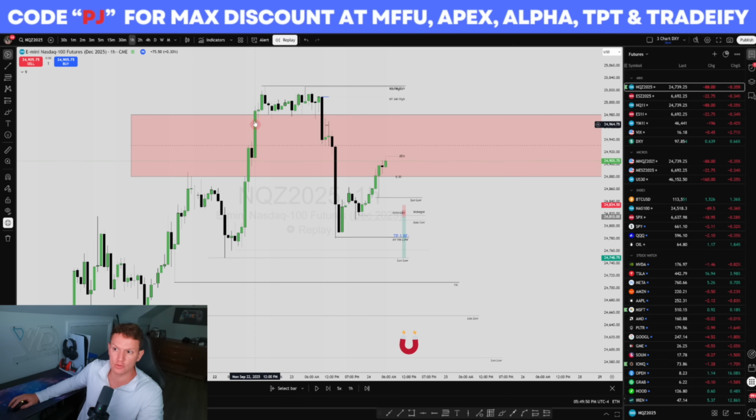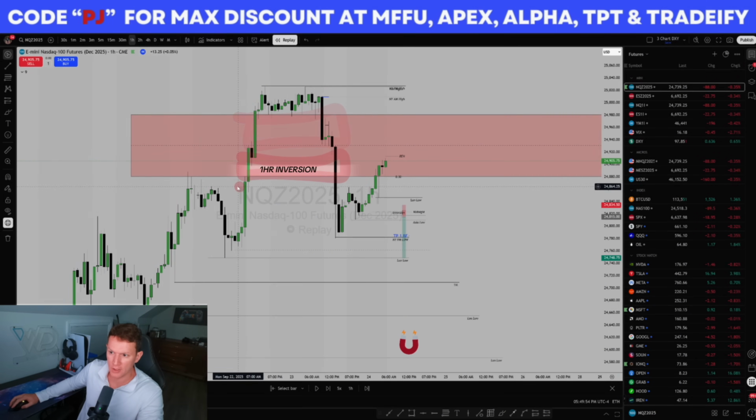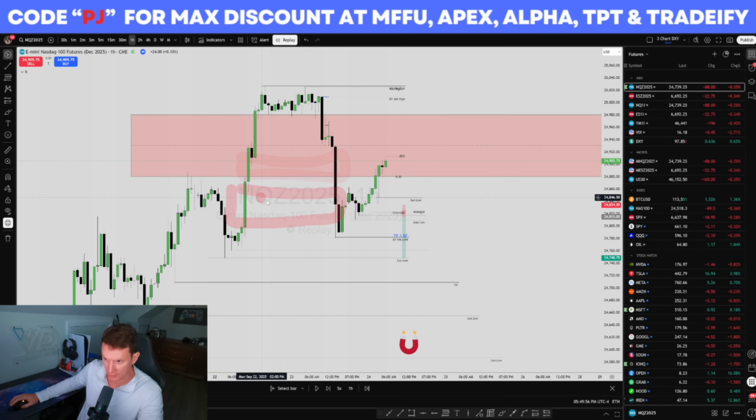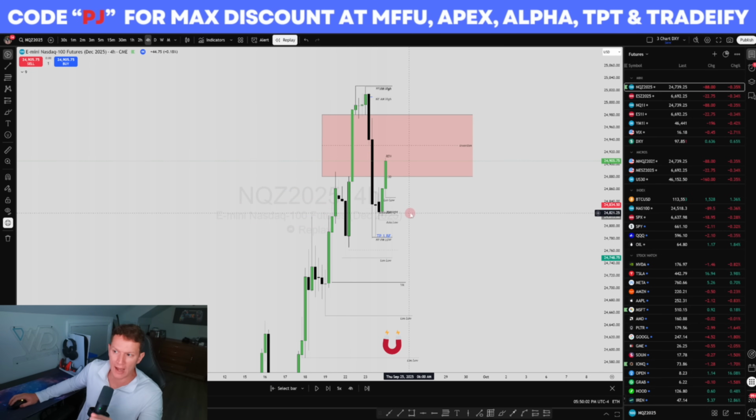So you've disrespected a 1 hour gap here, a 1 hour gap here, and a 1 hour gap here, right? That's 3 1 hour gaps, a 1 hour first presented, and a 4 hour FVG to the downside. Okay. That to me is pretty bearish, right?